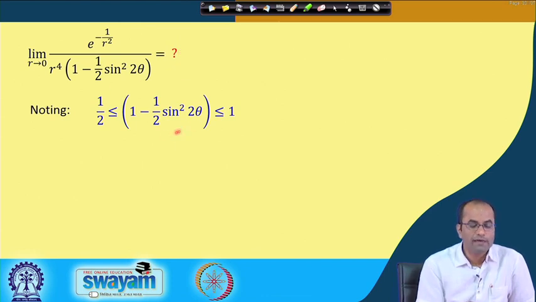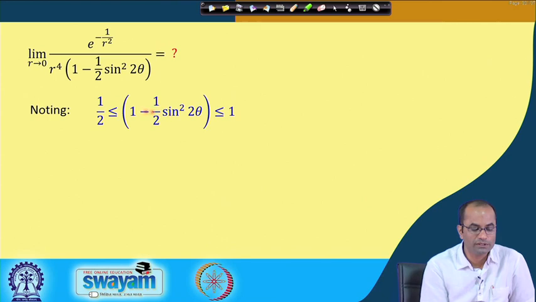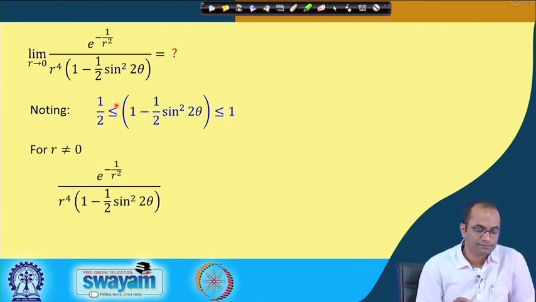In this case we have to note that this 1 minus half sin square 2 theta lies between half and 1. It is 1 when theta is 0, and it is half when sin square 2 theta is 1. So it lies between half and 1.